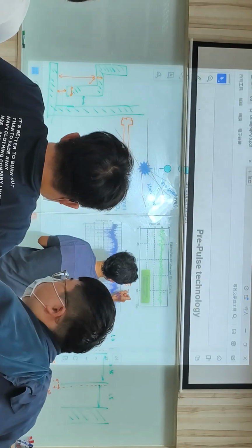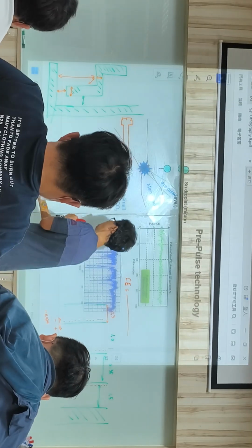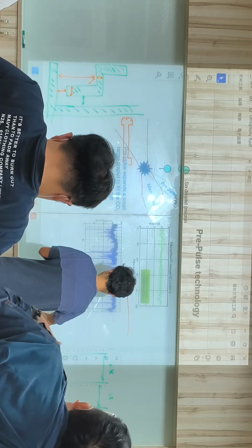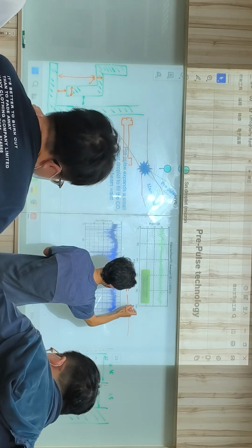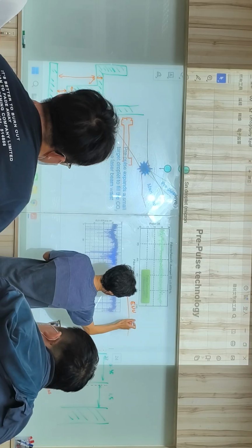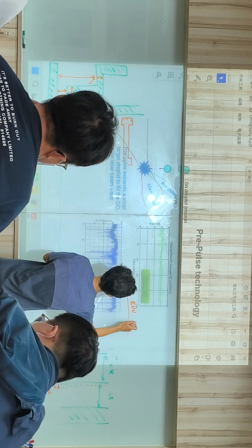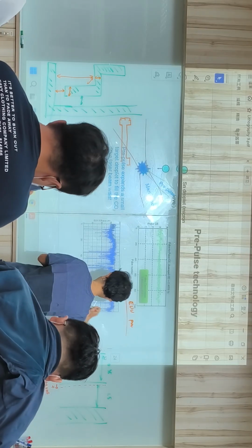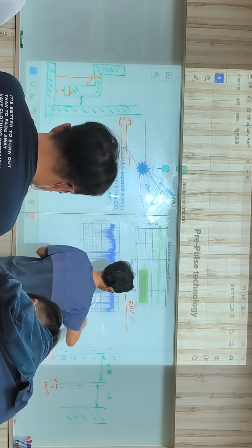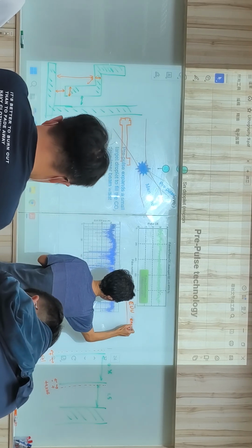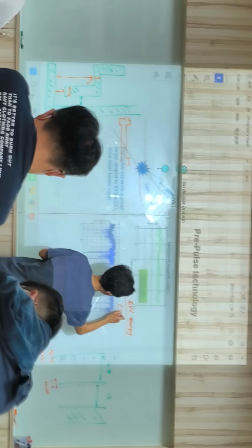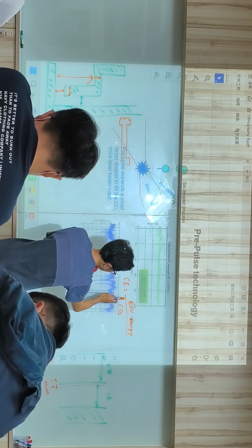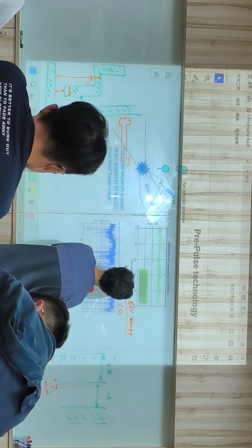So the CE is the EUV energy divided by CO2 energy.